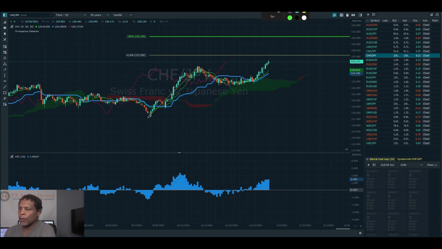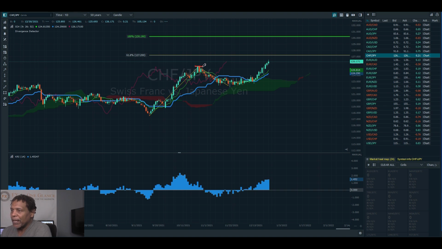Don't know where it's going though. 1, 2, 3, and then maybe 4, right? Because you have 1, 2, 3, and you shoot for 4, which will be the 1-to-1 move. So this leg right here will be this size, where this started moving to the upside. So that's what we'll be shooting for. I don't have any trade right now, no opportunities to trade this right now.